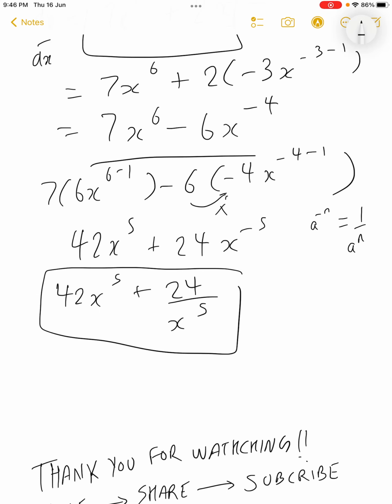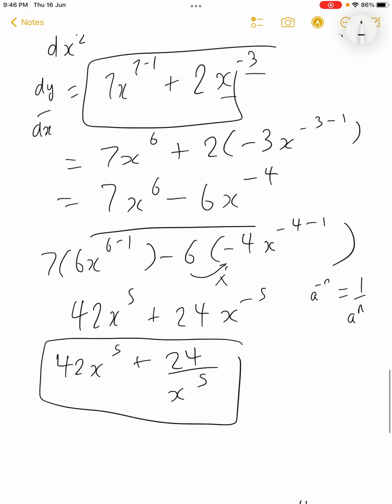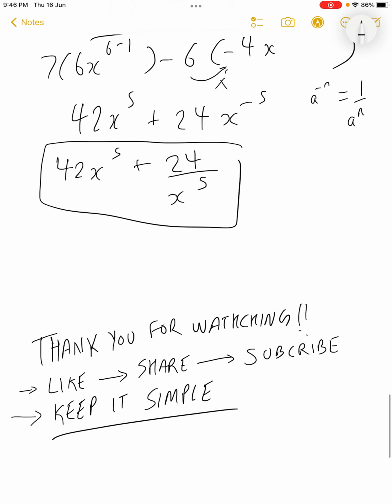So you're just going to find the second derivative. That should be your answer. You differentiate twice in order to get your answer, and that's approximately 2 marks. That should be enough. So it's 42x raised to the power of 5 plus 24 divided by x raised to the power of 5. I've just differentiated twice. Hopefully you guys have understood that.